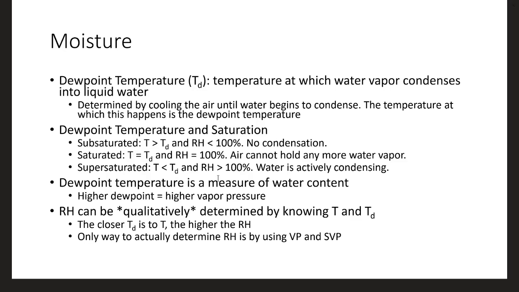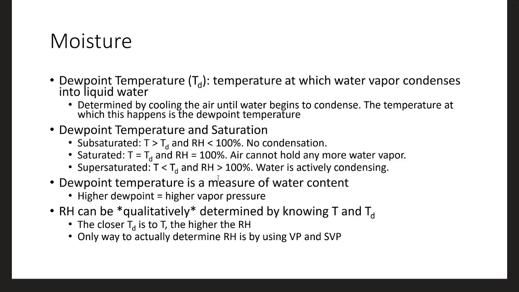So let's say it's 90 degrees outside and the dew point is 74. You feel awful because the dew point is so high. If the temperature outside were to cool to 74 degrees, the air would become saturated and you would be at 100% relative humidity. So dew point temperature is just the temperature you need to cool the air to in order to form dew, to have saturation.